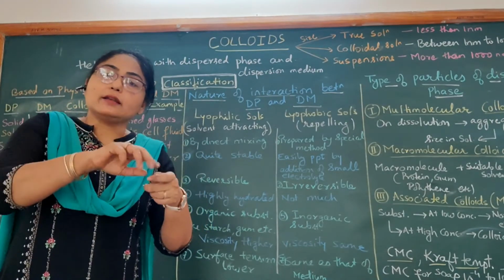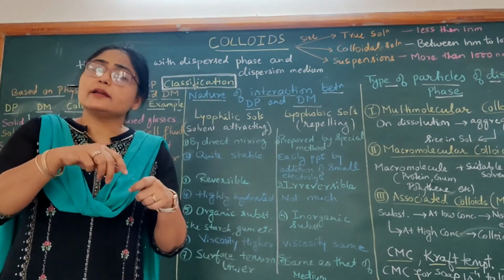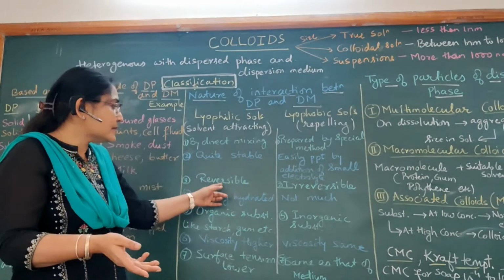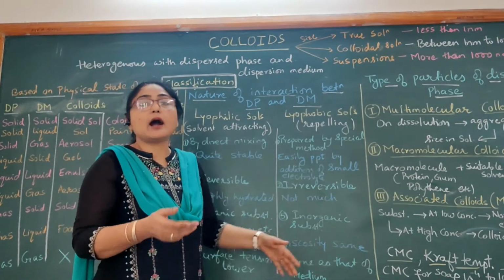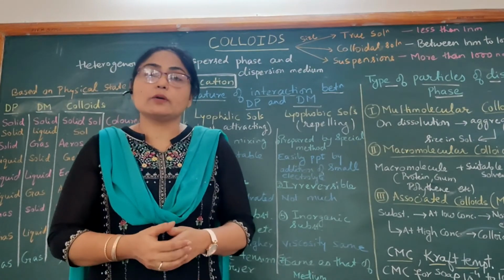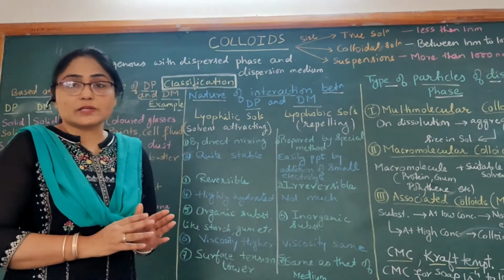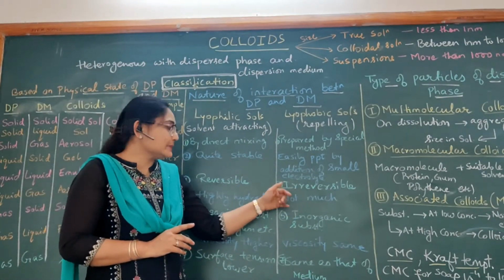After vaporizing, you can again add water to the gum and stir it. Again, your colloidal solution is prepared. So it is a reversible one. But here, once they get precipitated out or coagulated, they are not going to give you back the colloidal salts.